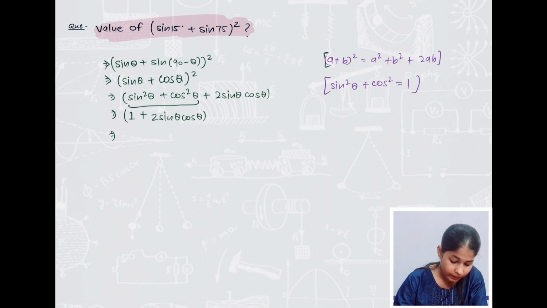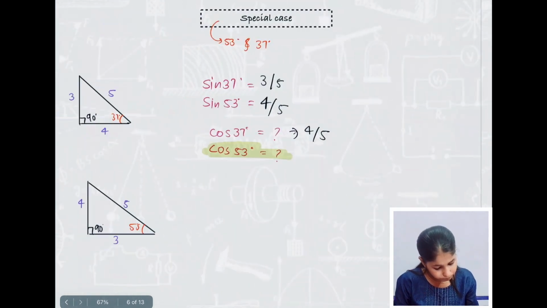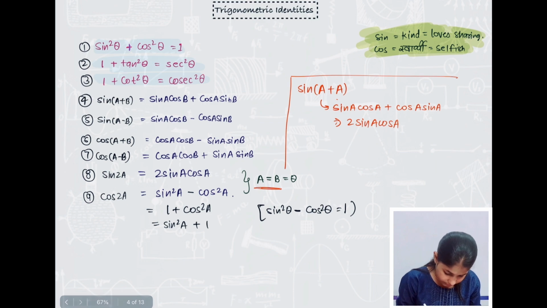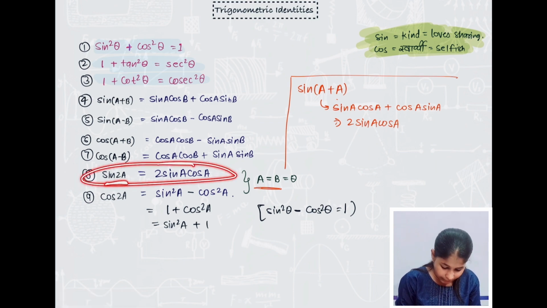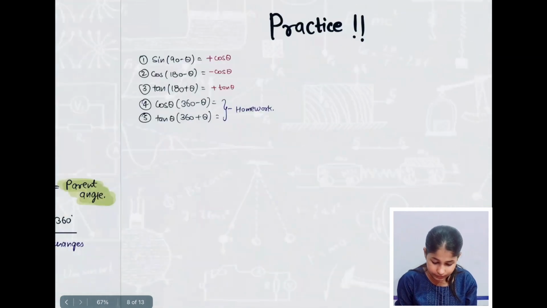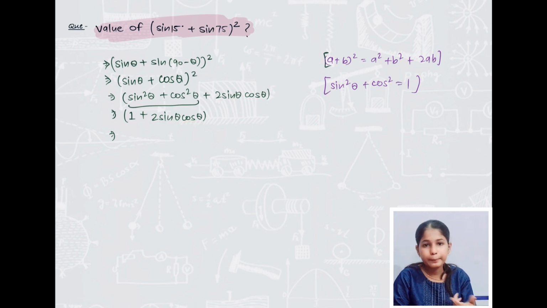Okay? If you can remember the trigonometric identities, simply let me show you. Okay, so can you see the value? Sin 2a is equal to 2 sin a cos a. So can you see this in this form? 2 sin a cos a. A means theta.